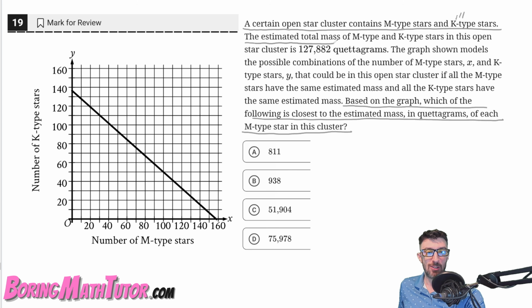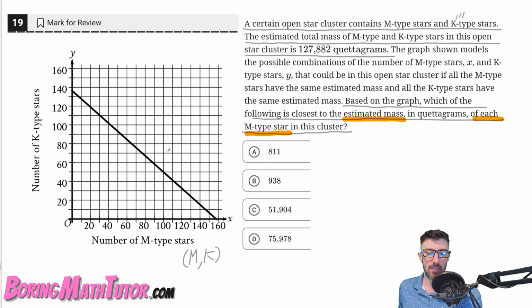The estimated total mass of M-type and K-type stars in this cluster is 127 whatevers. The graph shown models the possible number of combinations of X and Y. Well, I could call it X and Y, but I could also call it M and K. But what they want to know is what's the estimated mass of each M-type star.